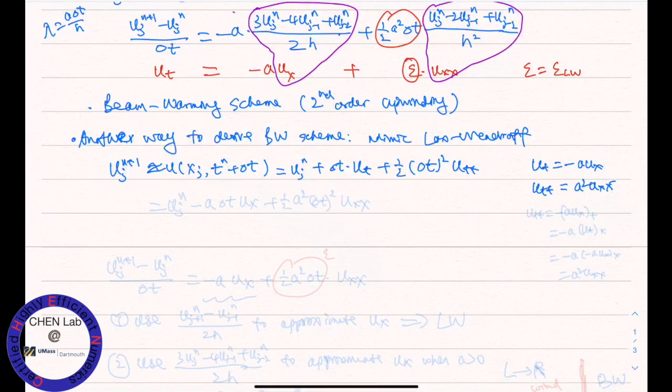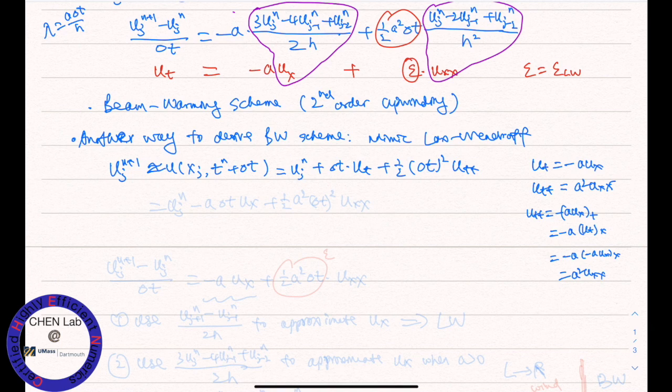So u_tt is negative a u_x with another t, and this is negative a u_t of x, but we know u_t is negative a u_x, so negative a times negative a u_xx, which becomes a squared u_xx.